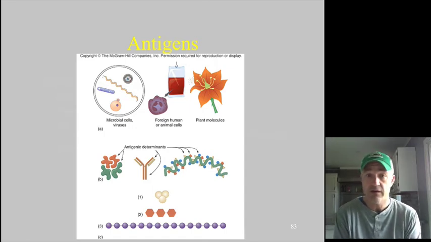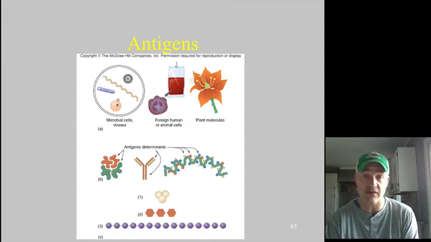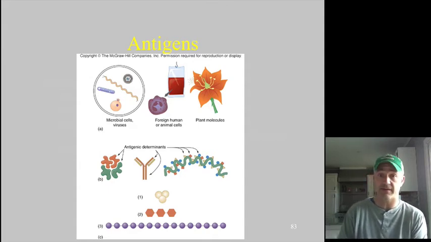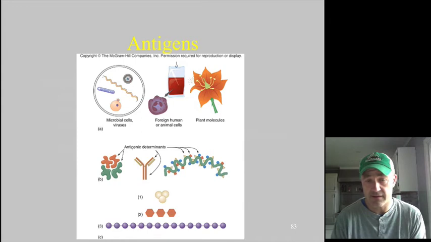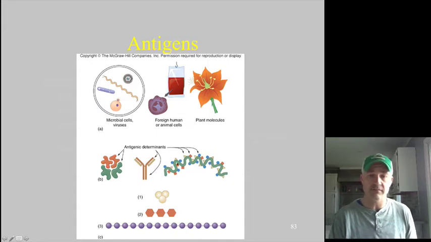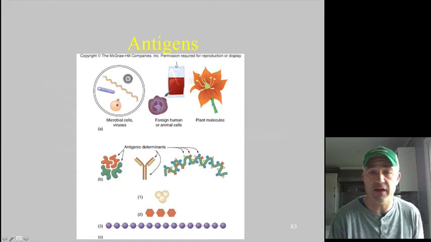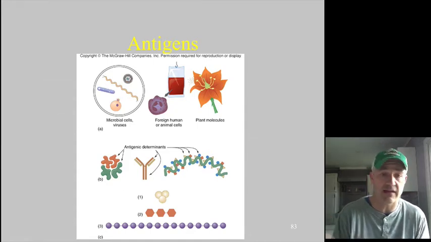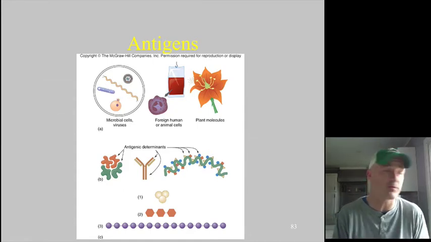The immune system would still recognize that as foreign and try to attack it. The thing I'm showing you down here is this whole molecule might be an antigen, and each of the different things on it might be an epitope. So a single antigen might have multiple epitopes, or antigenic determinants, that the immune system is going to recognize and respond to.